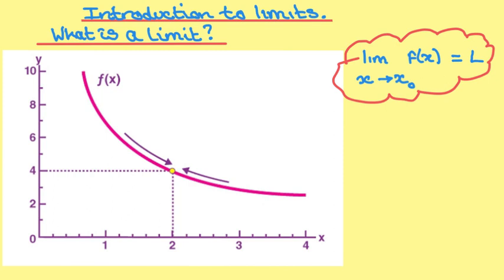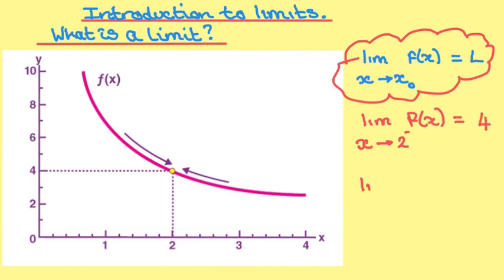In this case, we can see that the limit as x gets closer and closer to 2 of f of x from below, so we put a little negative sign, is equal to 4.